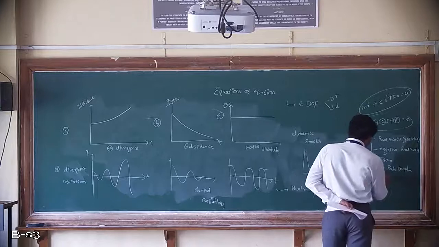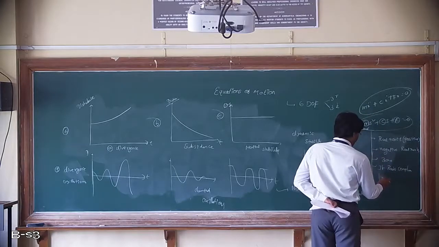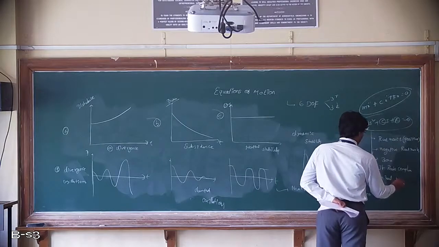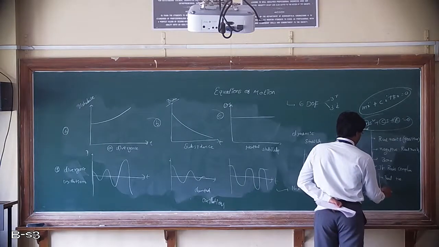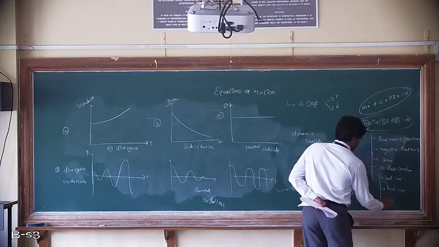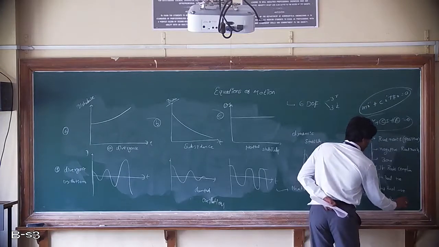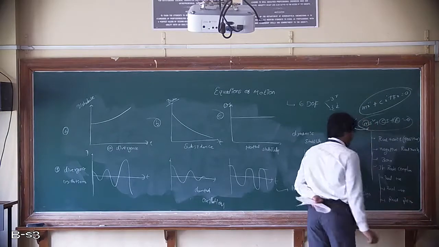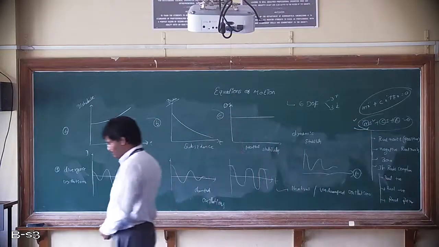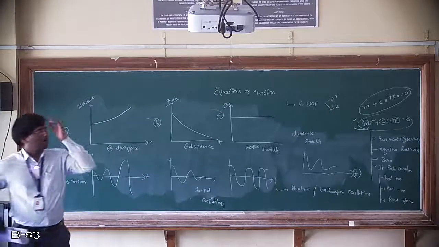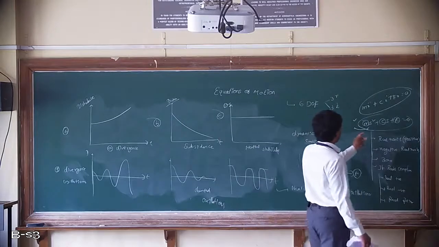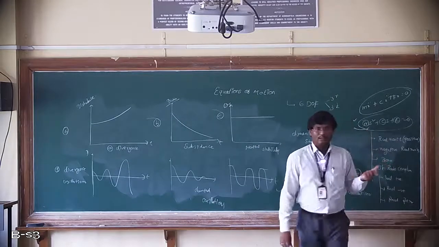Again, if roots are complex, that real term may be positive, the real term may be negative, and the third one is the real term will be 0, right? Yes, are you with me everyone? These are the 6 possible roots.